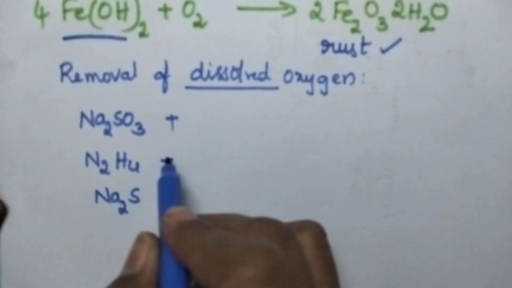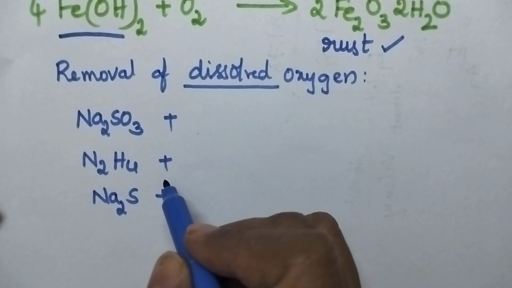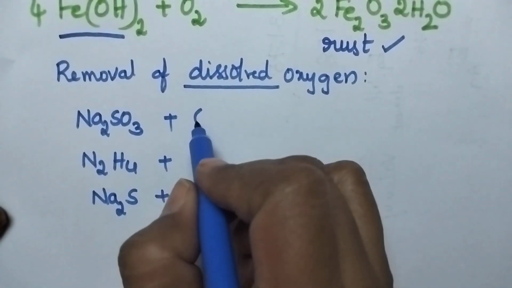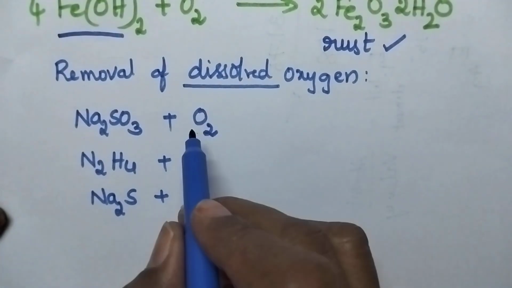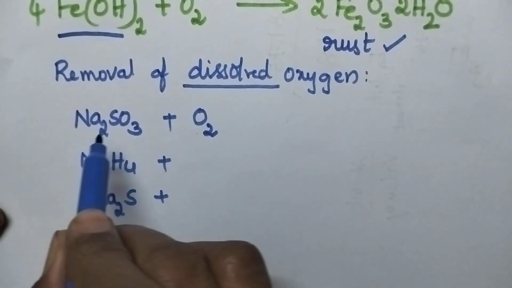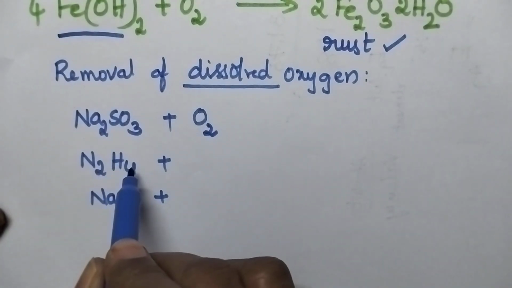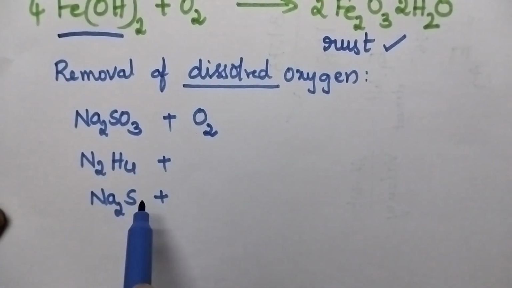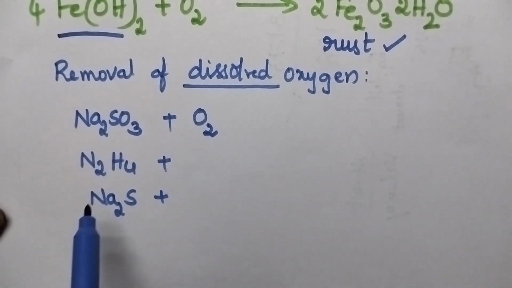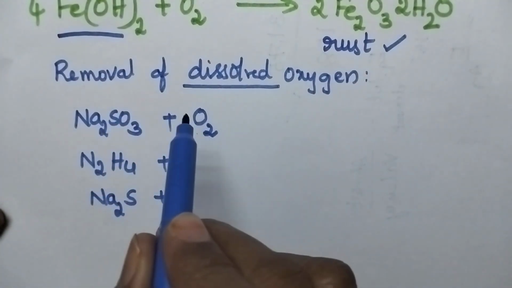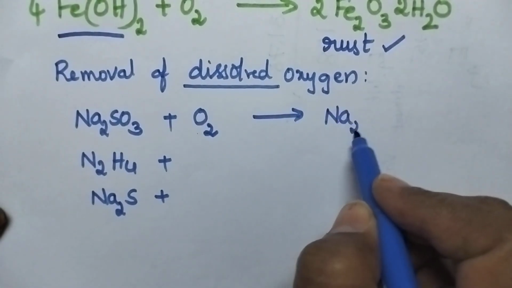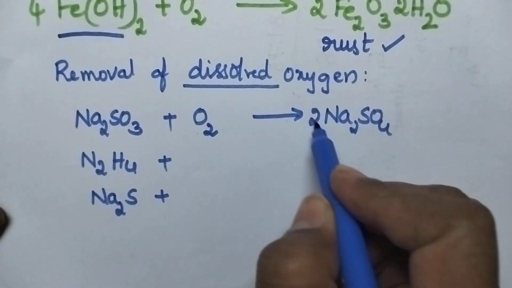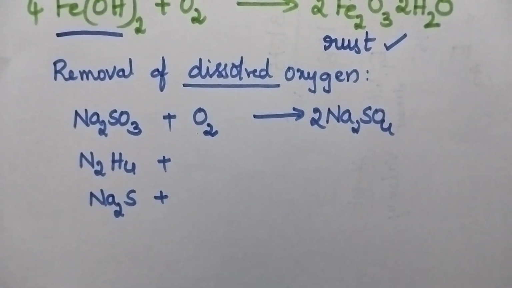Whenever these reagents are added to the boiler water, they selectively react with the oxygen present in the dissolved state and result in the formation of corresponding salts, and thus the dissolved oxygen is removed from the water.